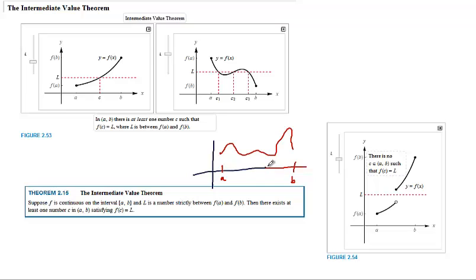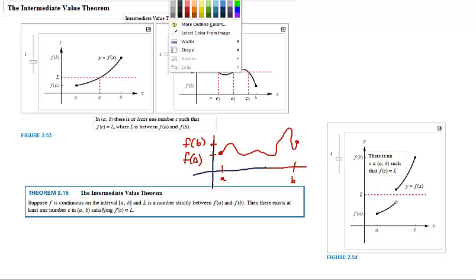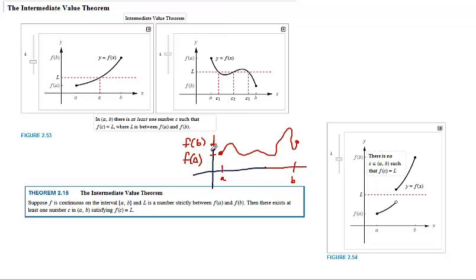and there is some number strictly in between, so let's say this is f of a, and I need to make this a little taller, let's do it like this, and this one would be f of b, then there's going to be some number in between right here, some number L in between there, that there's going to be at least one number in between that will satisfy.